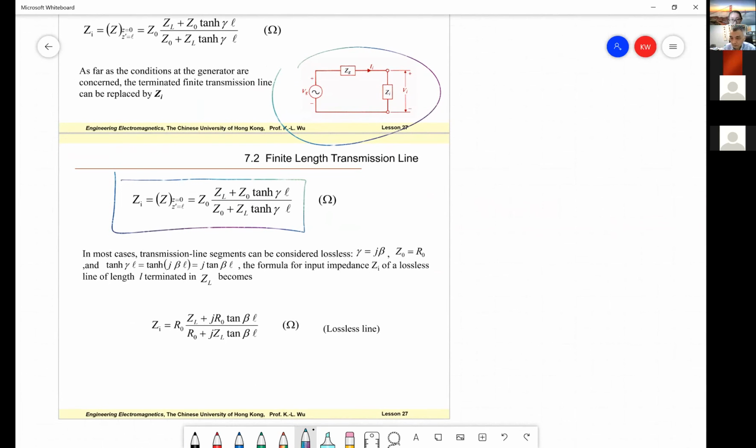I should say this is part of the transmission line theory, because we take a ratio of voltage over current. We define impedance, V divided by I equal to this. And in the lossless case, gamma is equal to alpha plus j beta, then alpha equals 0 for the lossless case, so we have j beta.